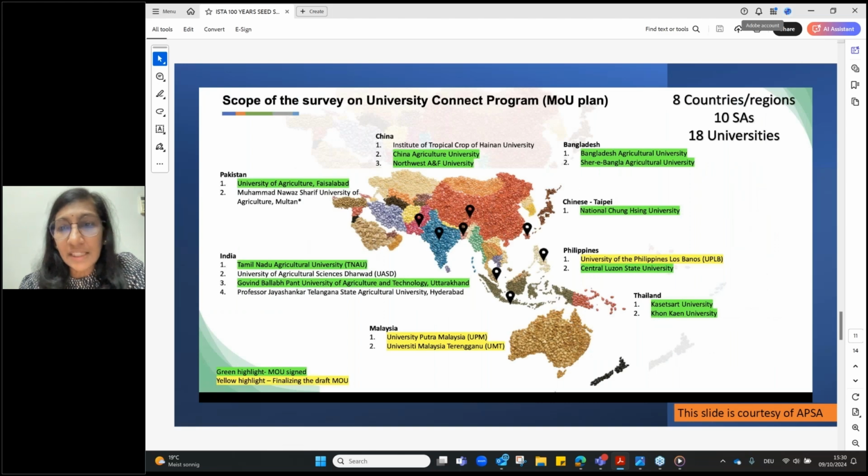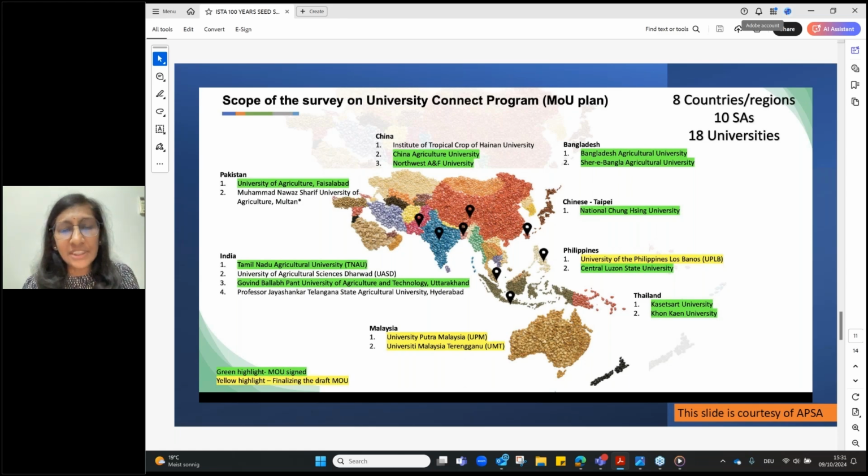Okay, so this slide actually shows the connectivity. Currently we have started with about 18 universities from 8 countries, and it's expanding, right? The more, the merrier. This slide is courtesy of APSA, so it's presented with permission.